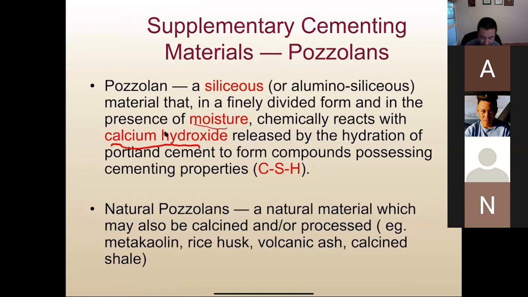Depending on the source, we could have natural pozzolans, such as calcined clay, metakaolin, or red ash. Volcanic ash is what ancient Roman engineering used, or calcined shale.